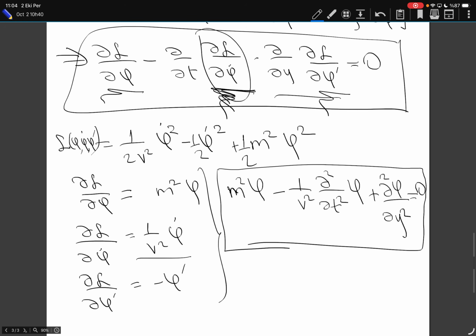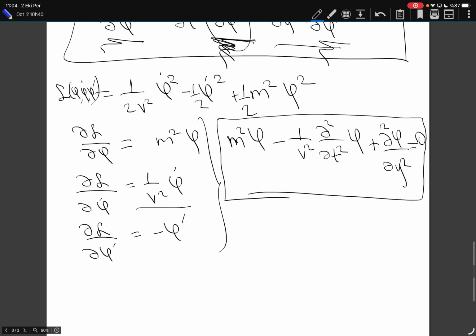This is my Euler-Lagrange equation for this field theory, for this real scalar field theory. Does it look familiar? Yes, the Klein-Gordon equation. It's the wave equation. If m were 0, it's the wave equation, and v is the wave velocity. In our case, it will be c. M will turn out to be the minimum energy of the system. But this is nothing but, as you said, the Klein-Gordon equation.